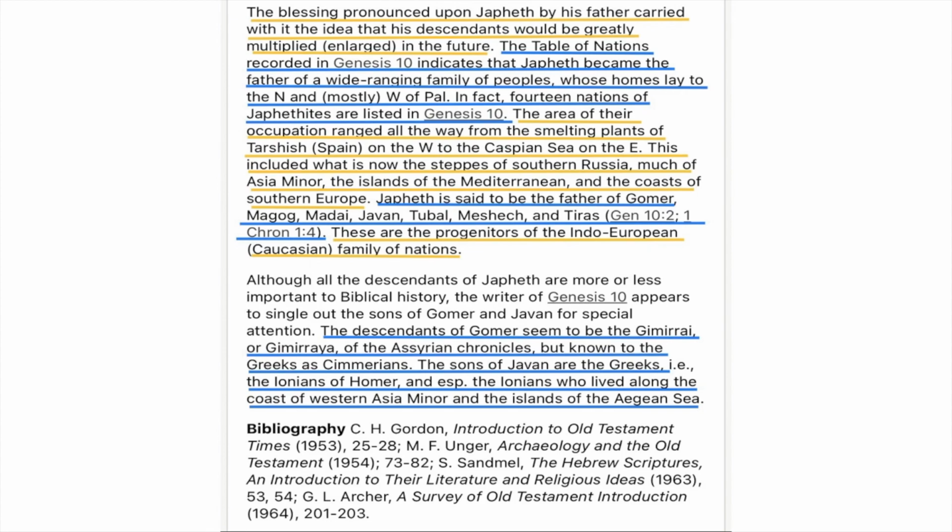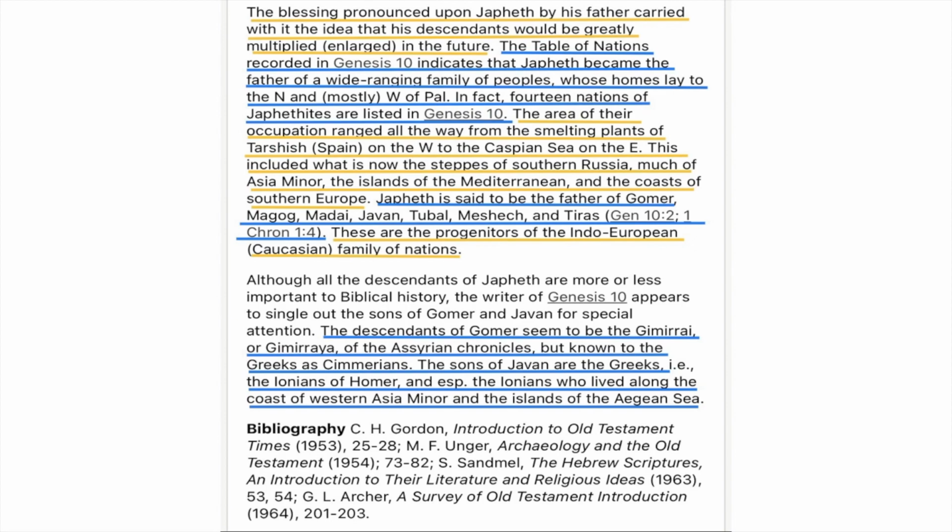The area of their occupation ranged all the way from the smelting plants of Tarshish, Spain, and the west of the Caspian Sea in the east. This included what is now the steppes of southern Russia, much of Asia Minor, and the islands of the Mediterranean and the coast of southern Europe.